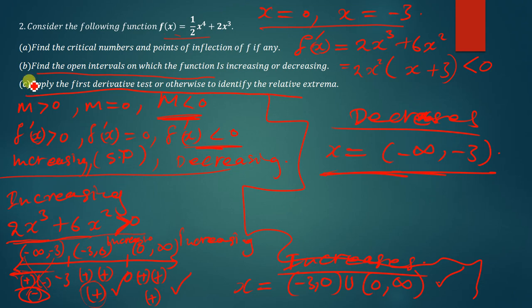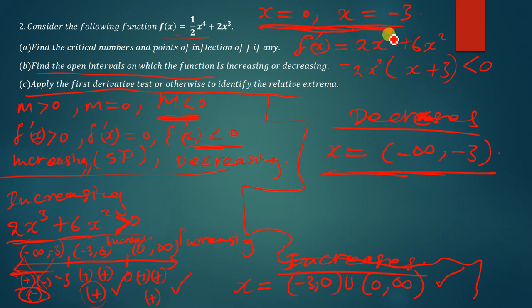Alright, so let us look at C. C says apply the first derivative test, or otherwise identify the relative extrema. So we apply the first derivative test and then identify the relative extrema. These are the critical points that we found after finding the first derivative.